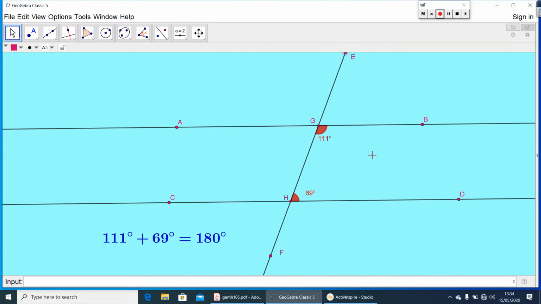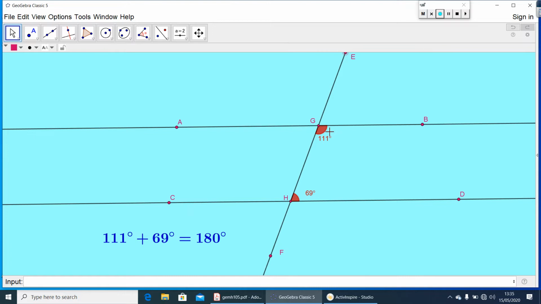So we can conclude, if lines are parallel, the interior angles on the same side of the transversal are supplementary. That means their sum is equal to 180 degrees.